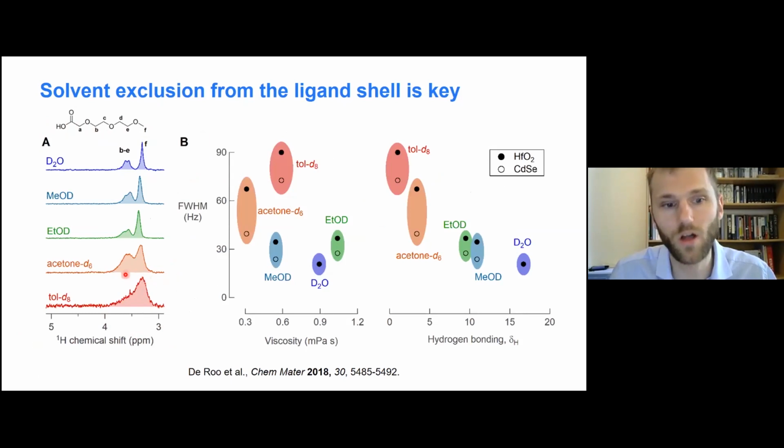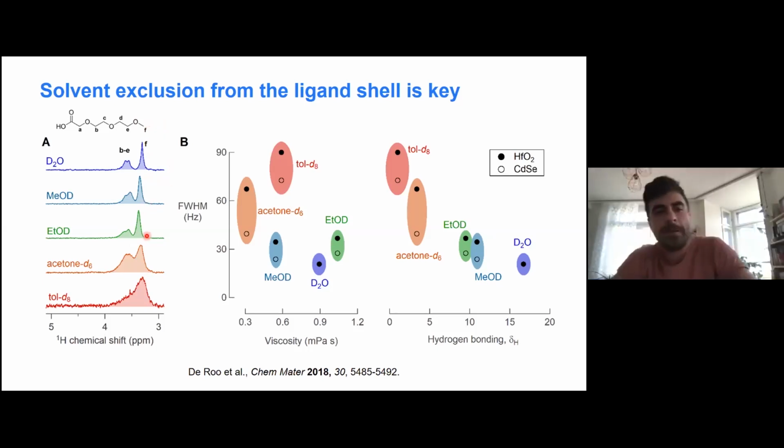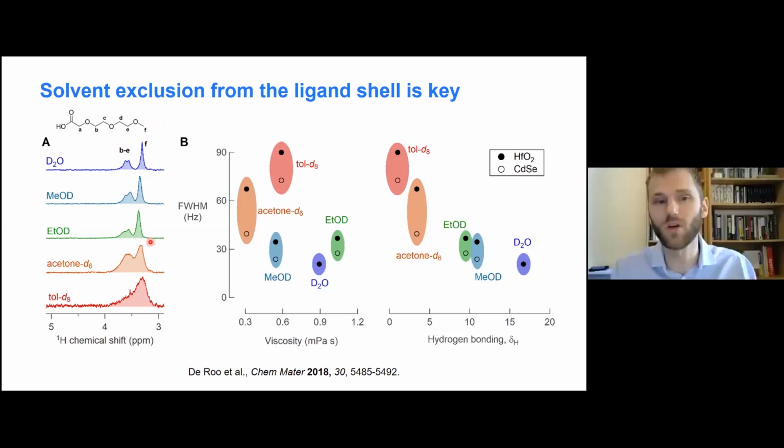While it is all bound to the nanocrystal in toluene, in acetone too, and in ethanol, you start to see a small peak of free MEA. In methanol, there's a considerable amount of free MEA, and in water, there's a lot. So you cannot just look at the 1D spectrum and say something about the line width, because it's a convolution of free and bound, which is why we had to do this diffusion filtered trick.